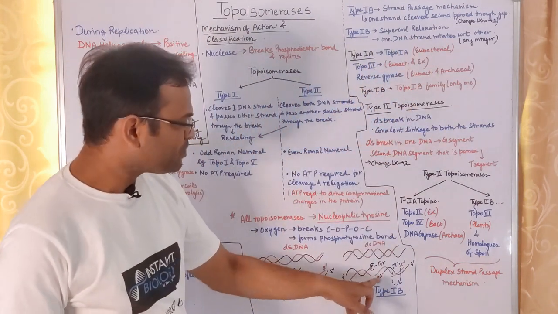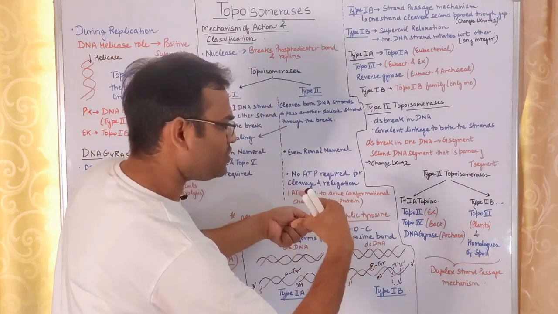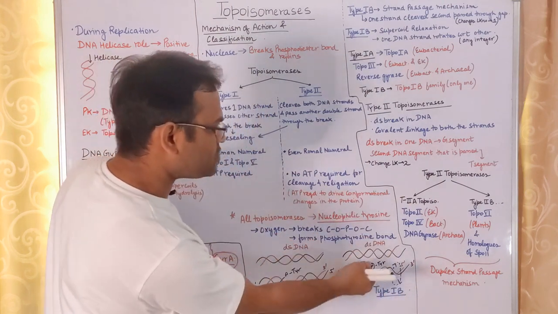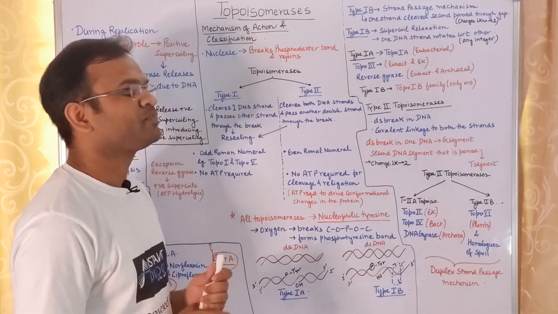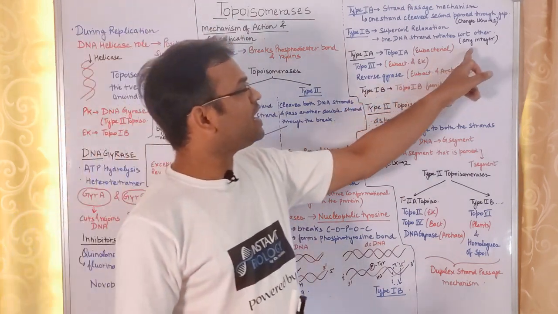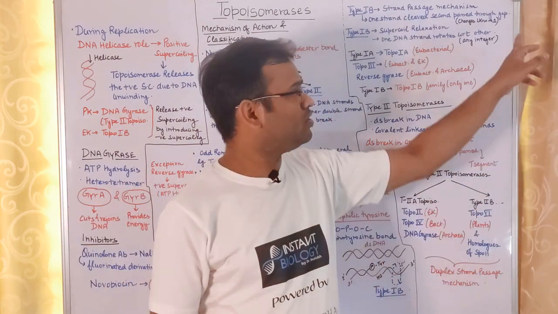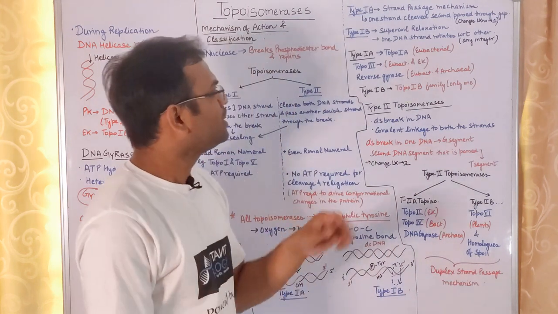Over here, this DNA strand will be rotating like this with respect to the other in case of type 1B topoisomerase. And remember that it can change the linking number by any integer, unlike type 1A which was able to change by 1 only.